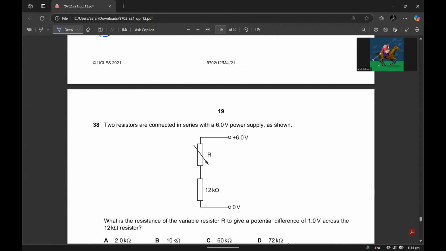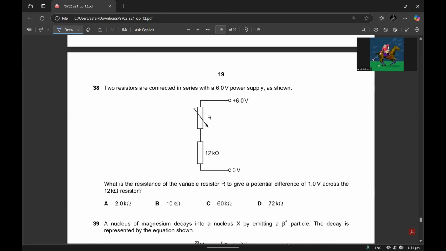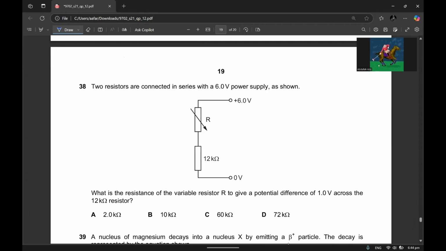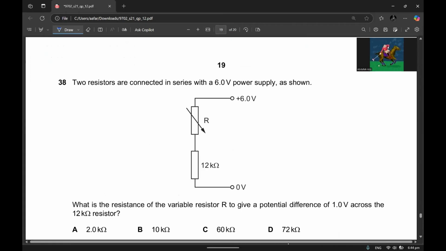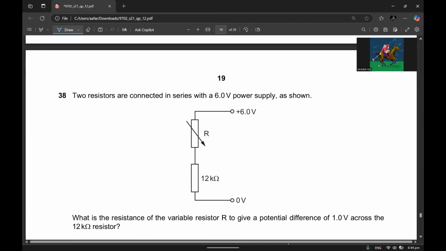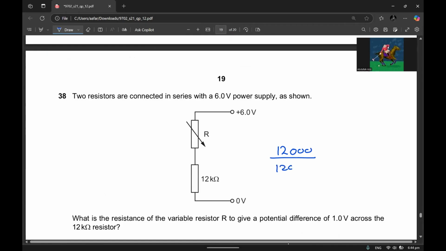Two resistors are connected in series with a 6-volt power supply. What is the resistance of the variable resistor R to give a potential difference of 1 volt across the other resistor? Okay, so we know that 12K, let's say 12,000, over 12,000 plus R, times 6, is equal to 1.